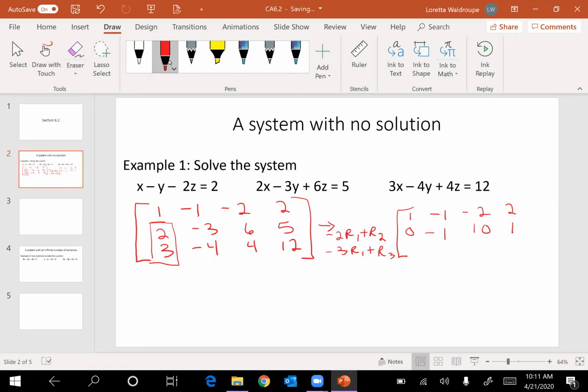Negative 3 times 1 is negative 3, plus 3 is 0. Negative 3 times negative 1 is 3, plus negative 4 is negative 1. Negative 3 times negative 2 is 6, plus 4 is 10. And negative 3 times 2 is negative 6, plus 12 is 6. Let me double check my numbers because it's real easy to make mistakes in here.